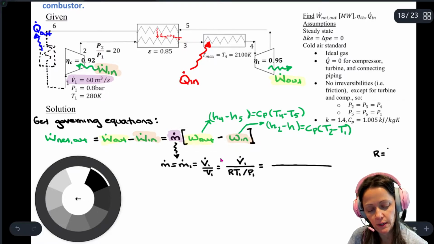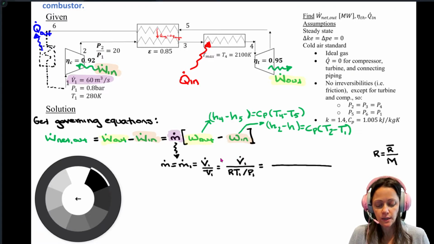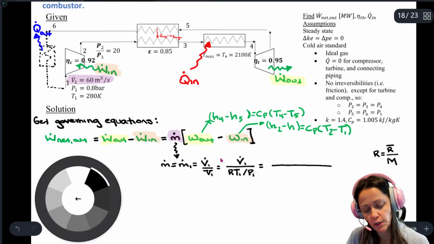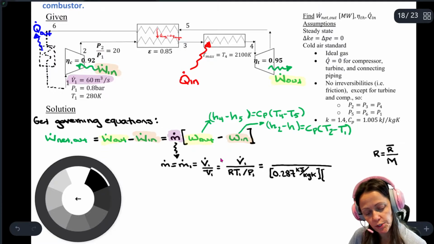R is the R bar, which is the universal gas constant, over the molar mass, which for air is 28.97 kilograms per kilomole. But I know for air that R in SI units is 0.287. That's what it works out to be. 0.287 kilojoules per kilogram K. And then my T1 is 280.